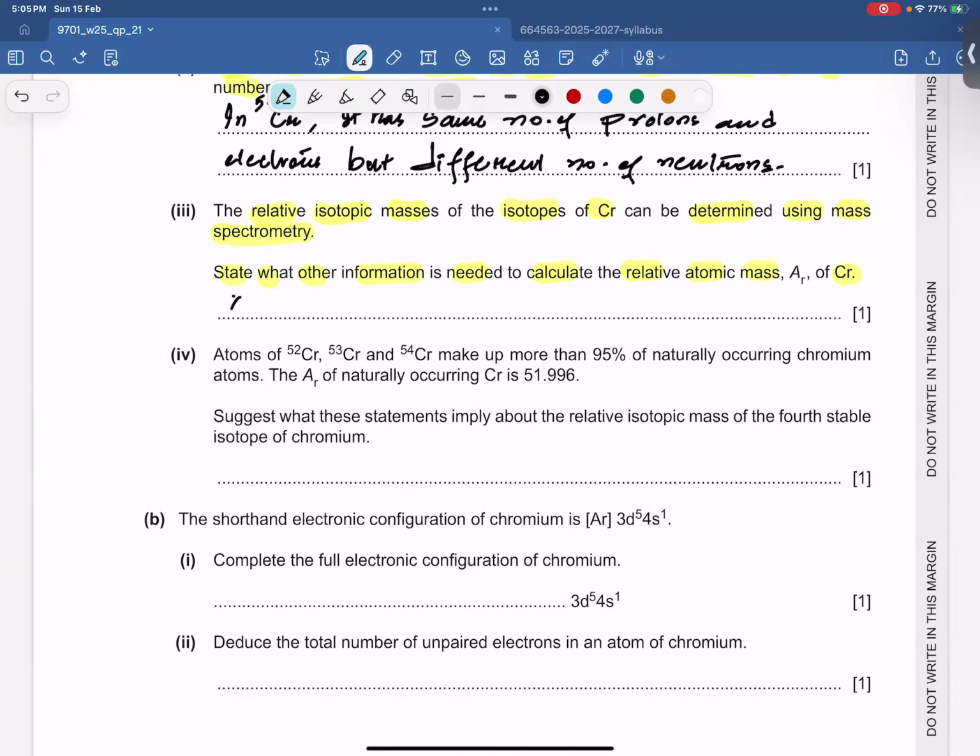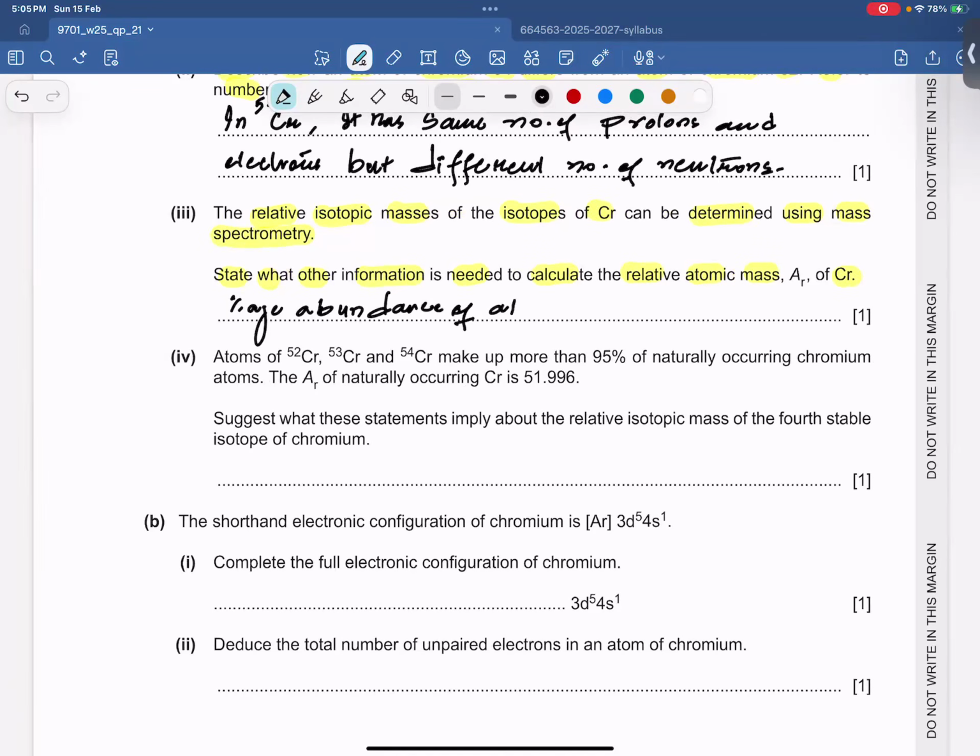So it's going to be percentage abundance of all the isotopes.